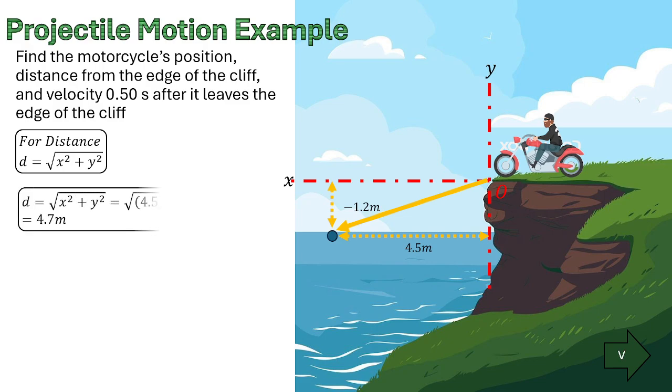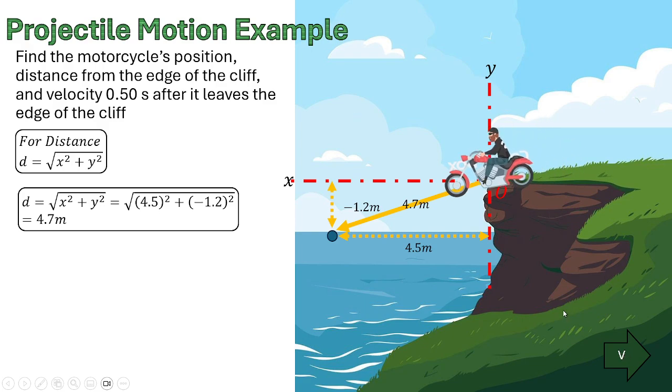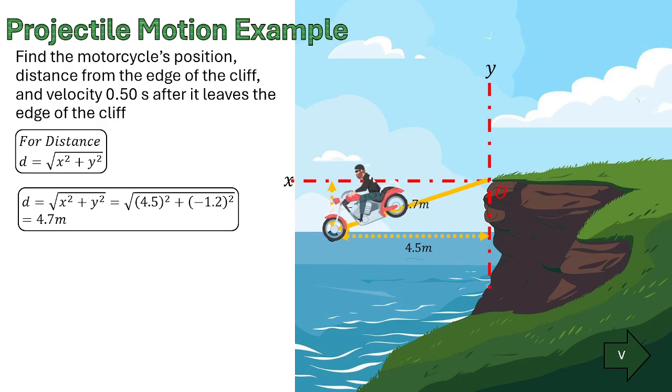So the square root of 4.5 squared plus negative 1.2 squared gives us 4.7 as the distance from the edge of the cliff. So our motorcycle is right here, 0.5 seconds after it leaves the edge of the cliff.